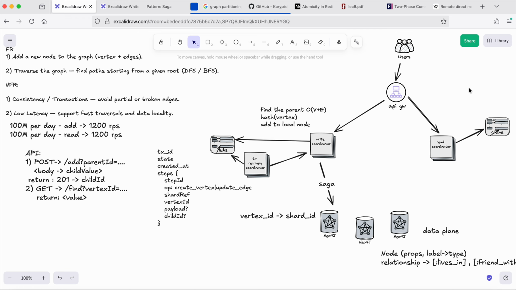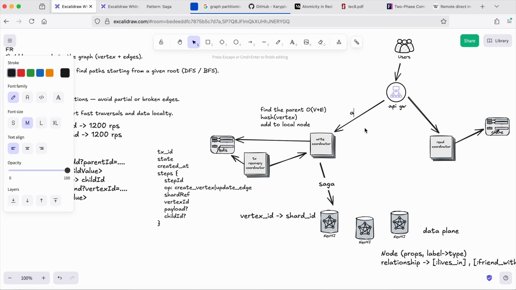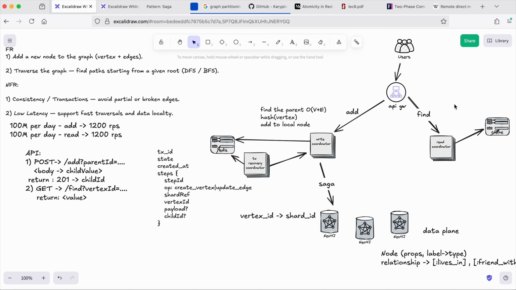In case we have the post, let me add it. Here we have the add flow, and here we have the get flow, better to say the find flow. First of all, we try to get all the data from the cache.